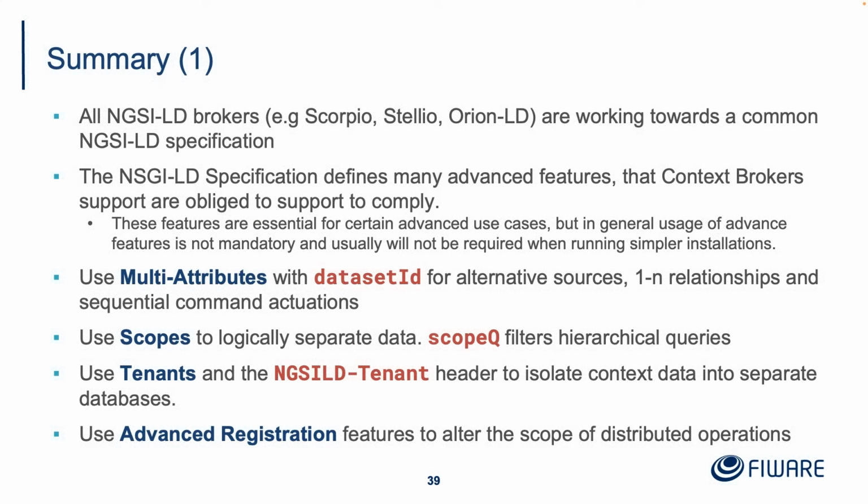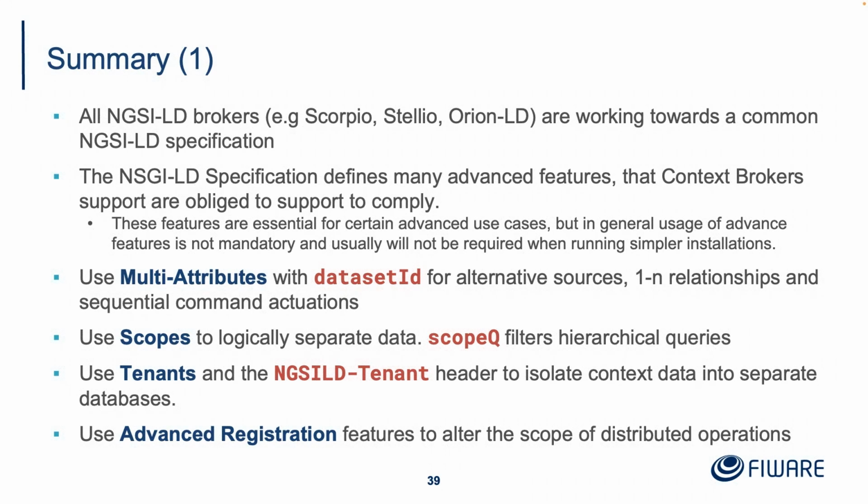Now, you'll find that what I've been dealing with today are very much the advanced features. The majority of the first half of the session is features which are currently best supported by Scorpio, but the other context brokers are coming up hard on its heels, and you'll only need them for certain advanced use cases. So don't add in this stuff unnecessarily.